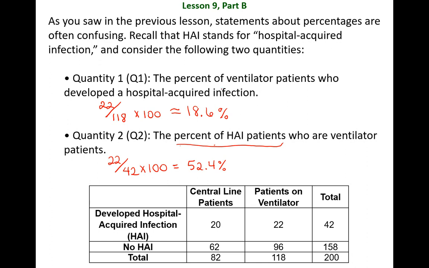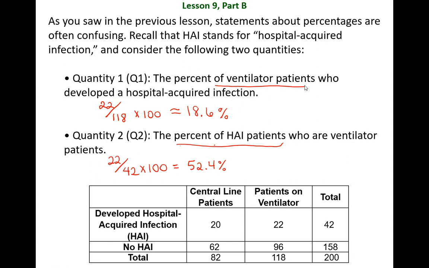We're looking at different bases. This was strictly looking at the percentage of ventilator patients who got infections, 22 out of 118. The second question looks at the percentage of all infections who happen to be ventilator patients.